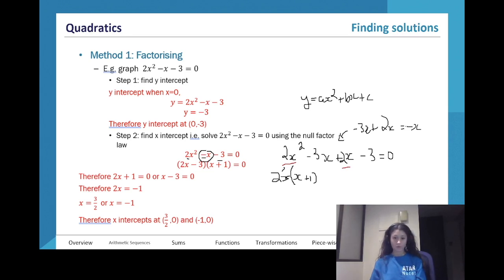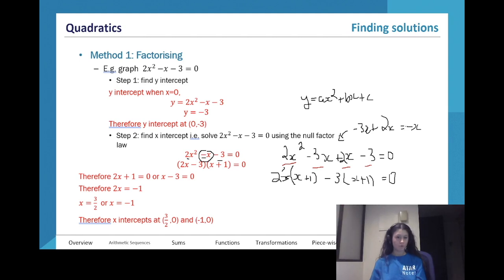Next I'm going to put -3 outside of x plus 1, because that is going to give me my -3x take 3. As you can see, this is all equal if we expand it.